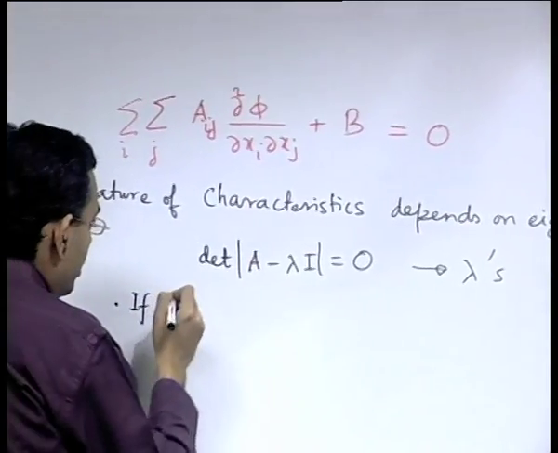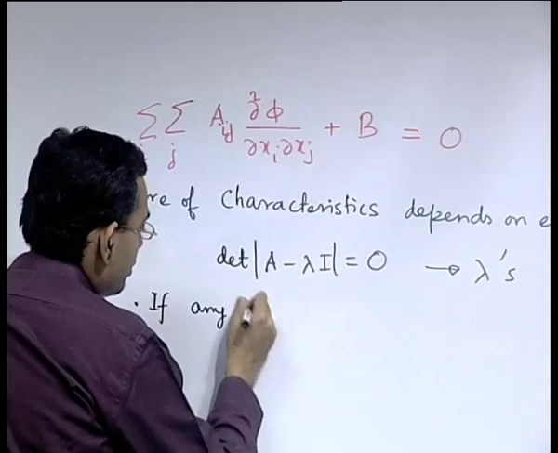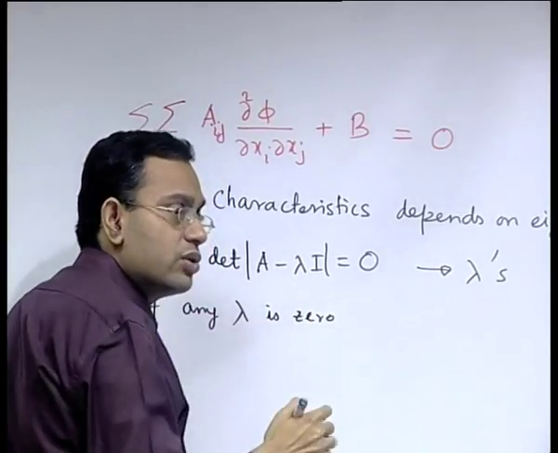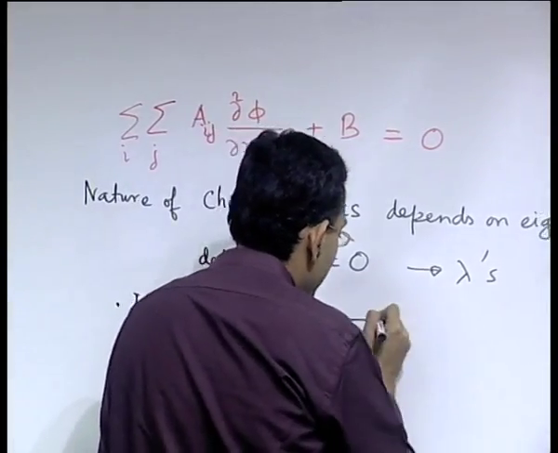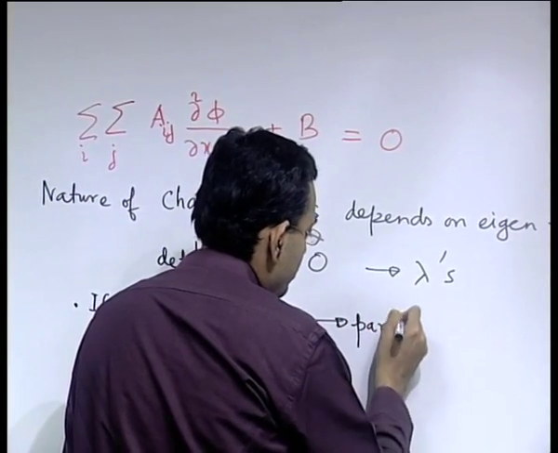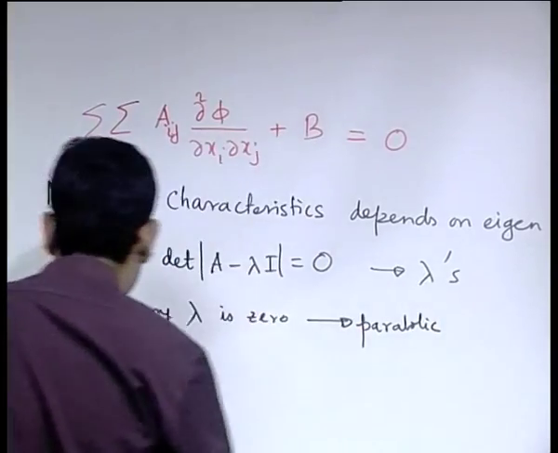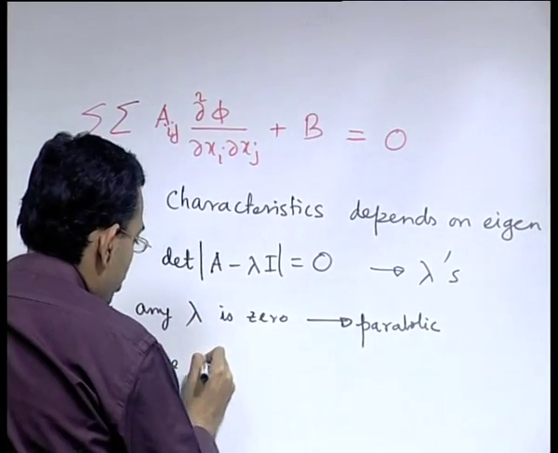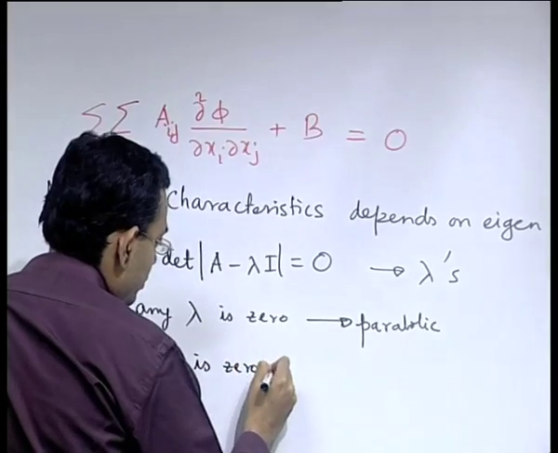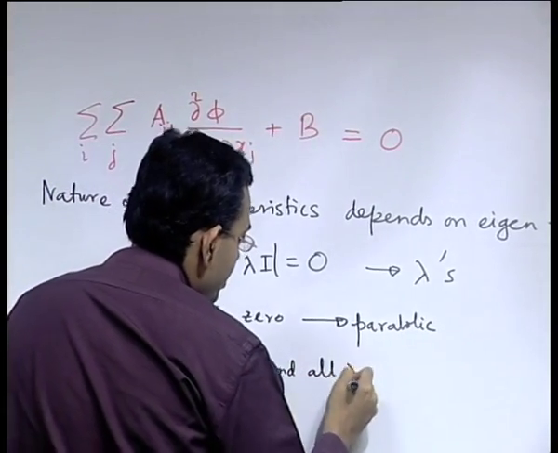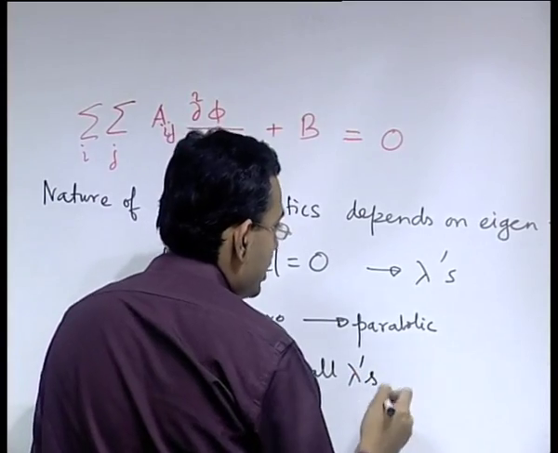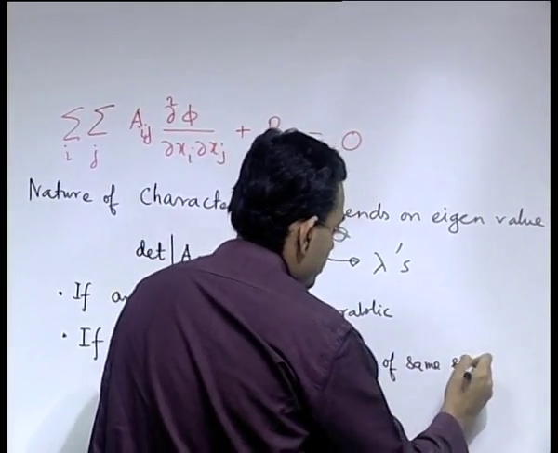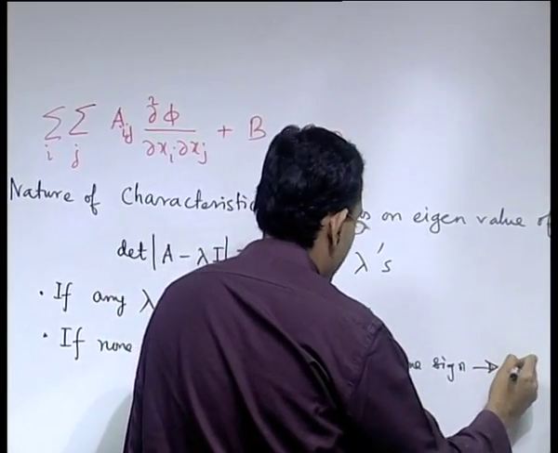If any one of all the eigenvalues is 0, then it is a parabolic equation. If none is 0 and all lambdas are of the same sign, then it is elliptic.